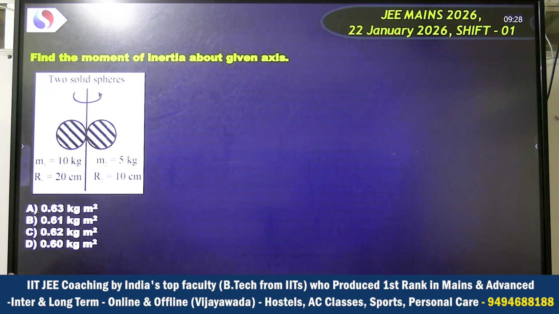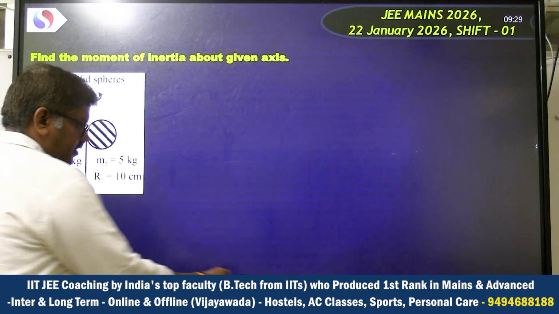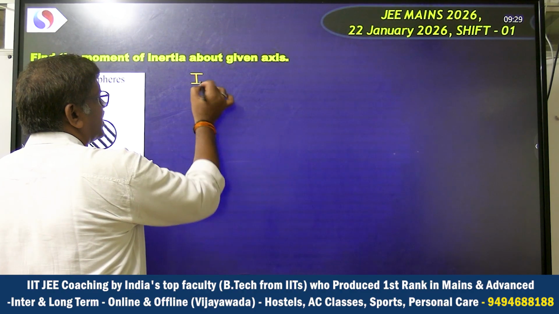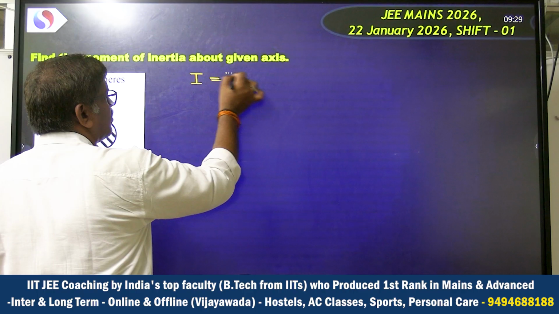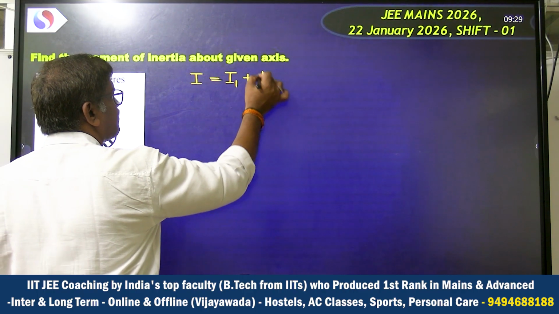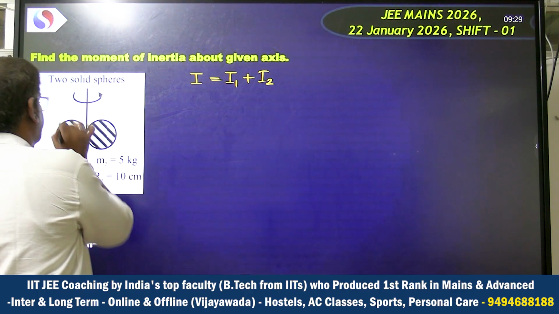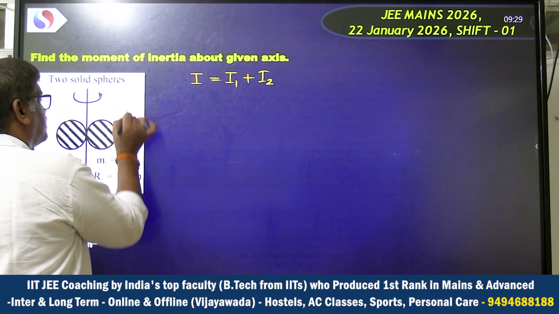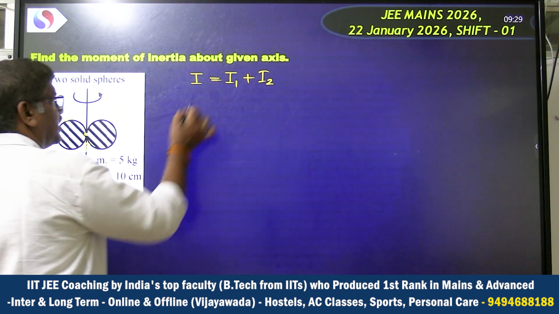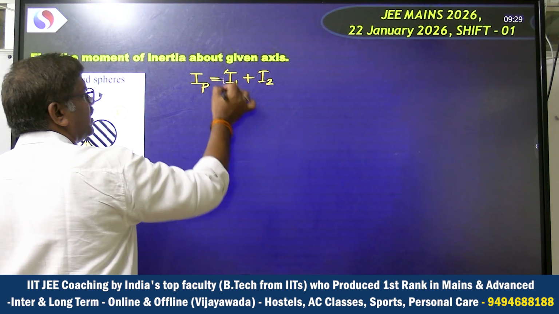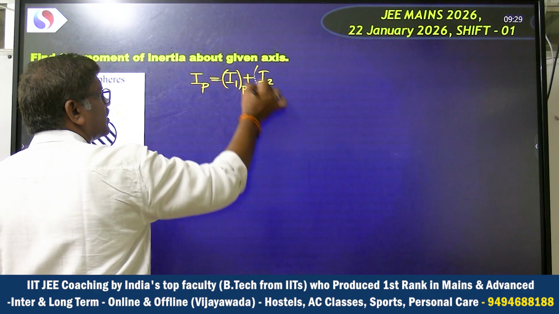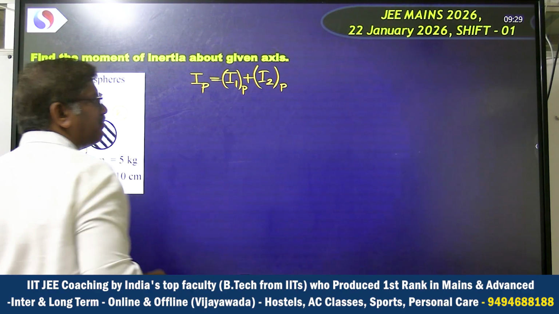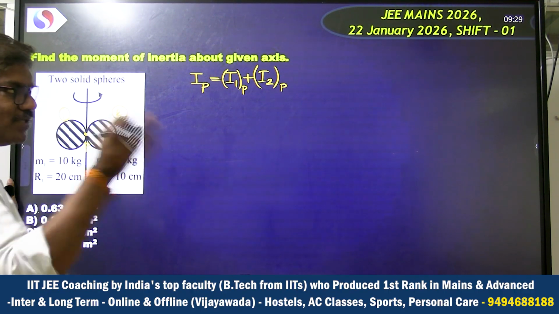Fine. Two solid spheres. Mind that these are solid spheres, and we have to find the moment of inertia about the given axis. Moment of inertia can be added or subtracted only when they are about the same axis. So if this is my first body, this is my second body, and this is the point P, then I want the moment of inertia about point P, which is the sum of the moments of inertia of the two bodies about the same axis.